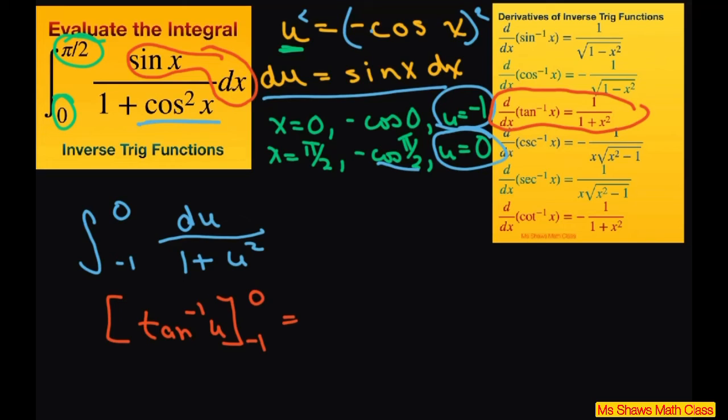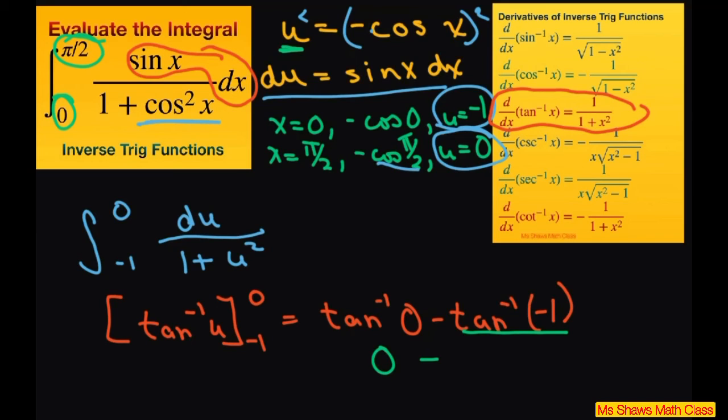So this is going to be inverse tan of 0 minus inverse tan of negative 1. All right, so inverse tan of 0 is just 0 minus inverse tan of negative 1.